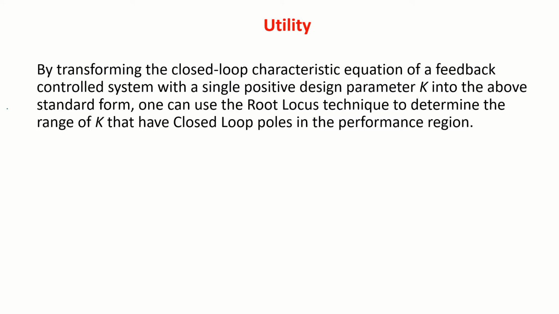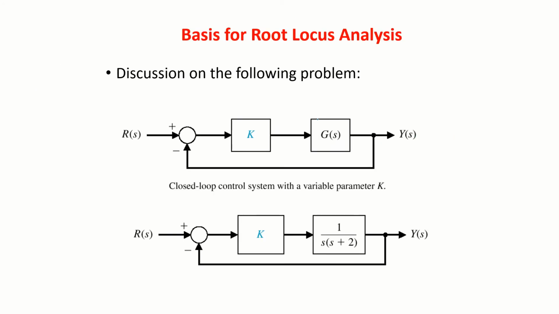Okay, so we'll determine the range of K that have closed loop poles in the performance region. This is our transfer function. Let us say G of S is equal to 1 by S into S plus 1, S plus 2.